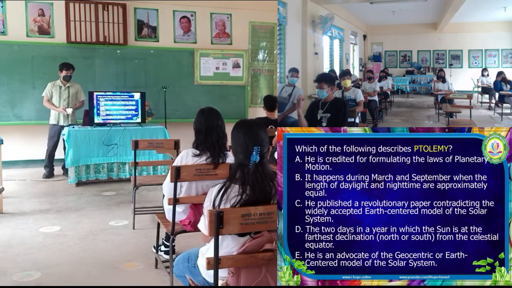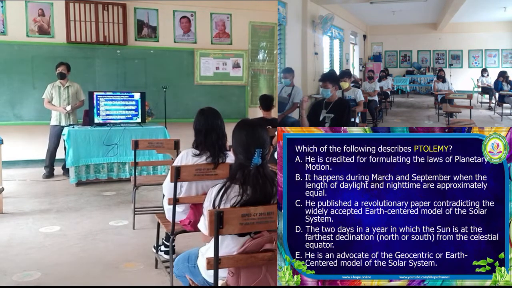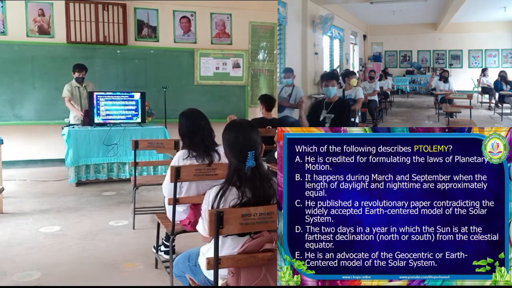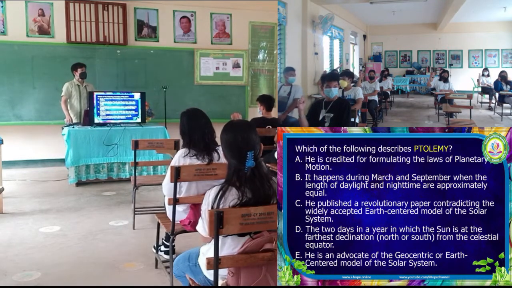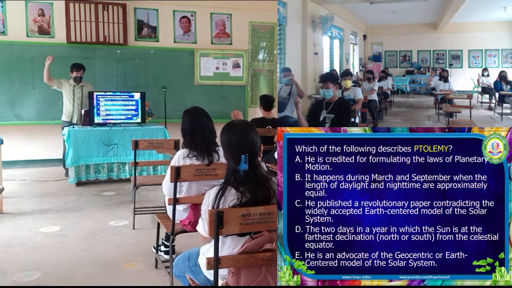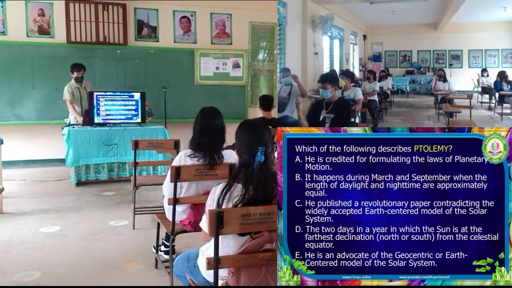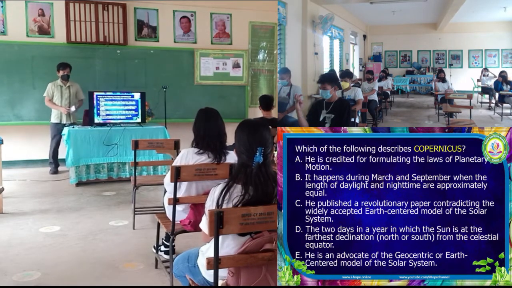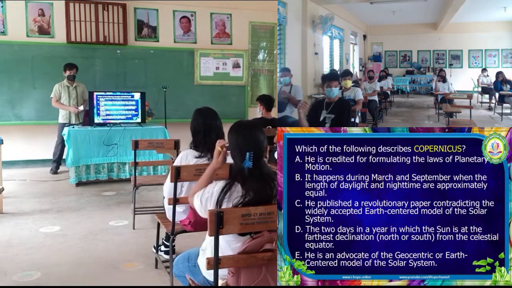Okay, number 3, which of the following describes Ptolemy? Okay, the answer is he is an advocate of the geocentric or Earth-centered model of the solar system. Number 4, which of the following describes Copernicus?